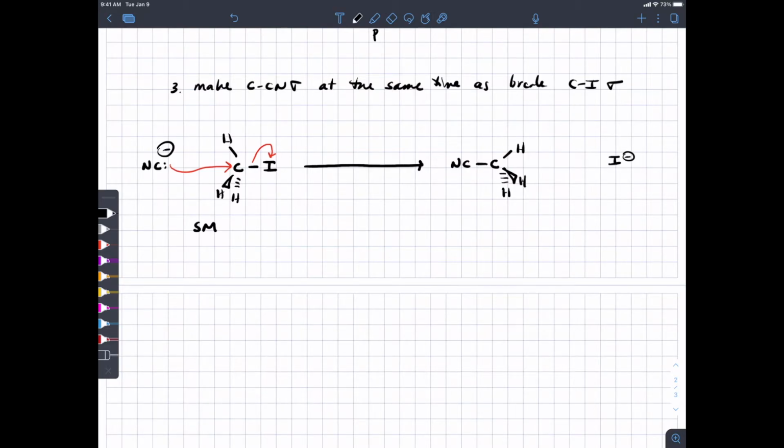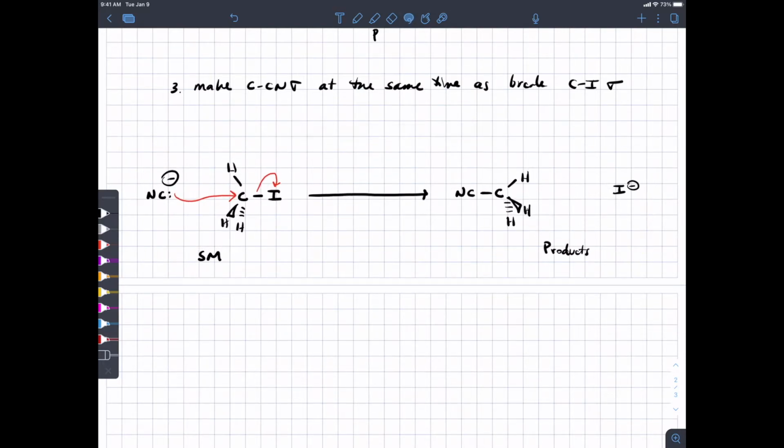We go directly from starting materials to products. The transition state for this reaction presumably would look something like this. We would have some transition state where iodide was leaving at the same time as CN minus was coming in.